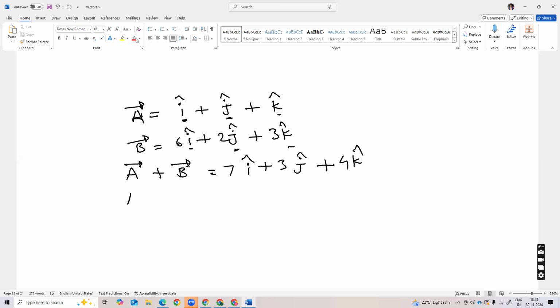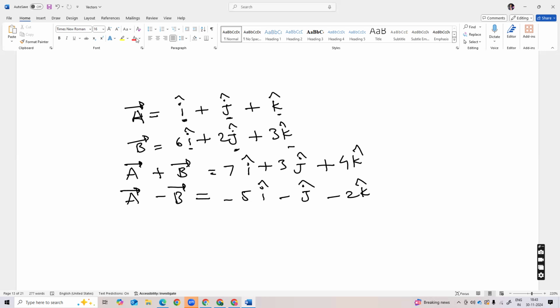Or if someone told us to subtract vector B from vector A, then we can write 1 minus 6 is minus 5I, then 1 minus 2 is minus J, and 1 minus 3 is minus 2K. So this is how we do the addition or subtraction of given vectors. We add or subtract the corresponding terms only.